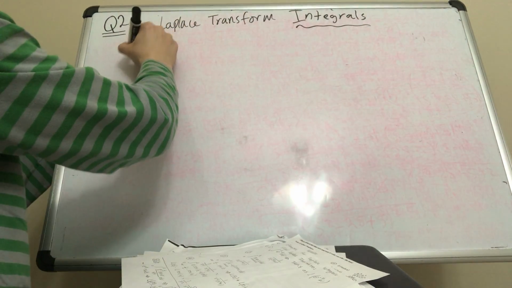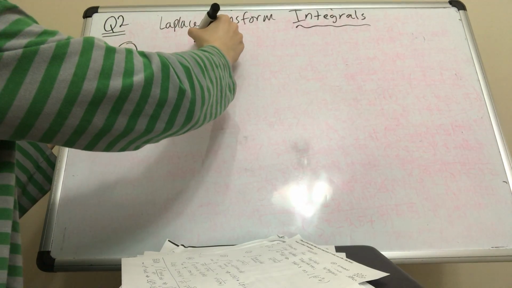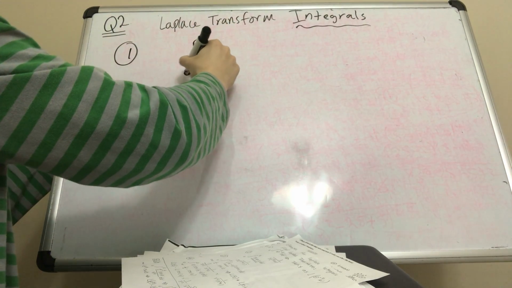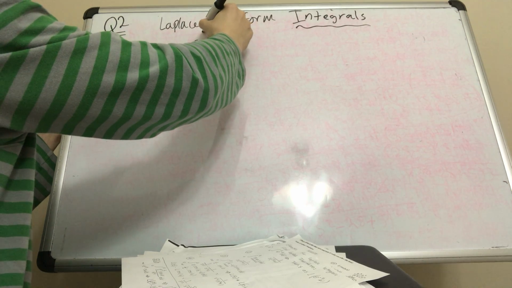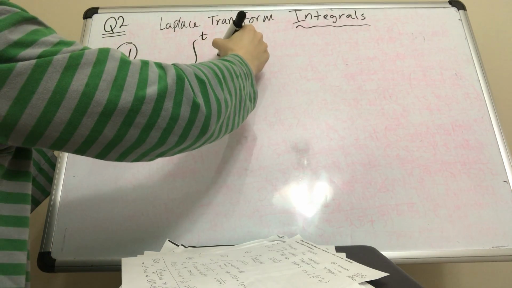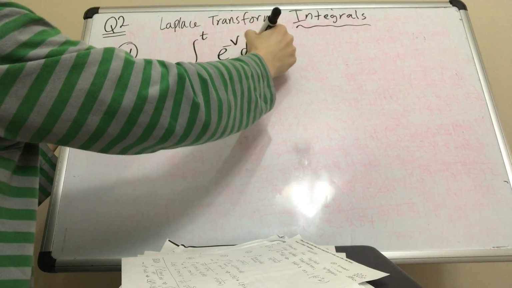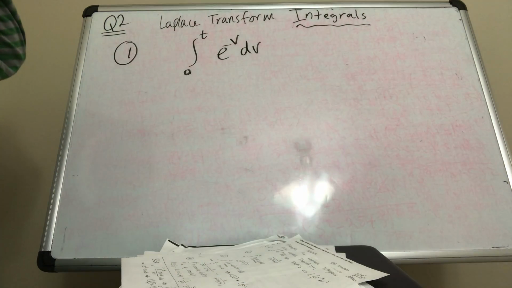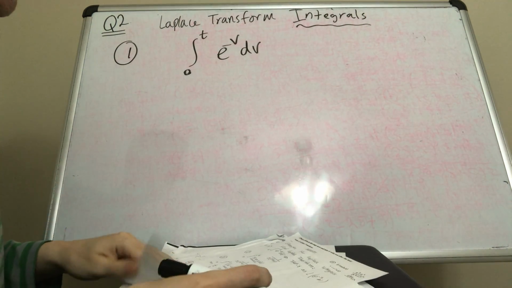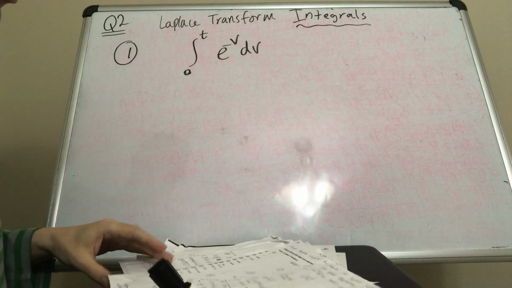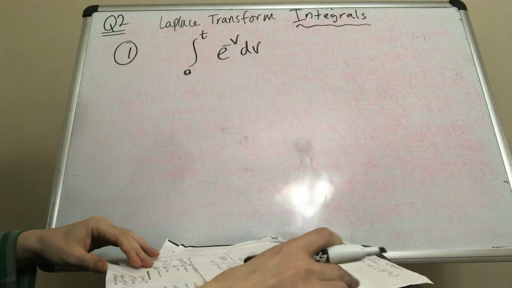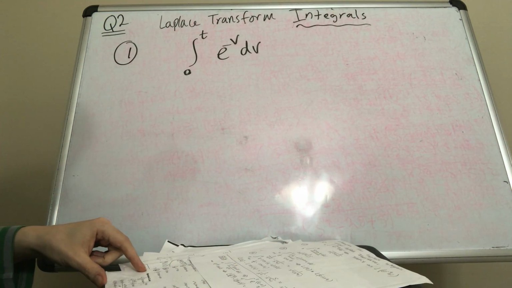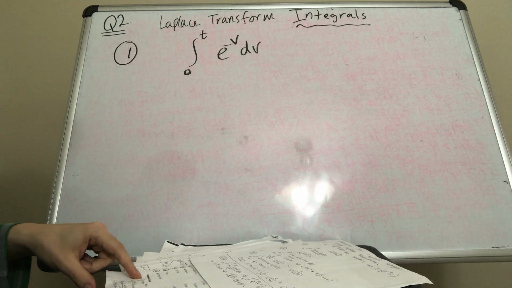So, first example, what's the Laplace transformation when it's the integral from 0 to t of e to the minus v dv? If you look at the rules, this is the operational rule.